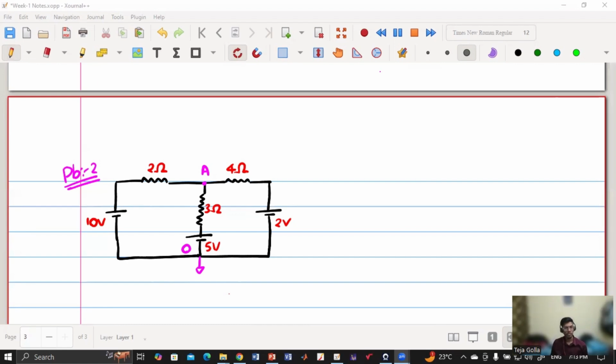So what will be the coefficient of VAO? Anyone? There is only one VAO, right? And we are applying the nodal analysis at that node only. So what will be the coefficient of VAO? Summation of the inverse of the resistances, right?